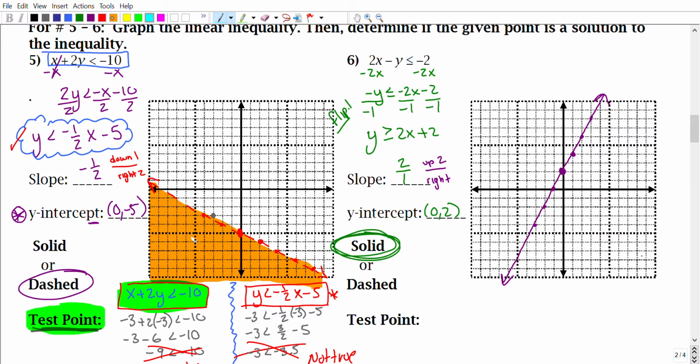Let me go ahead and use a different color here. If you're not sure if this is above or if this is above, you can always do this, guys. Let me show you a quick trick.